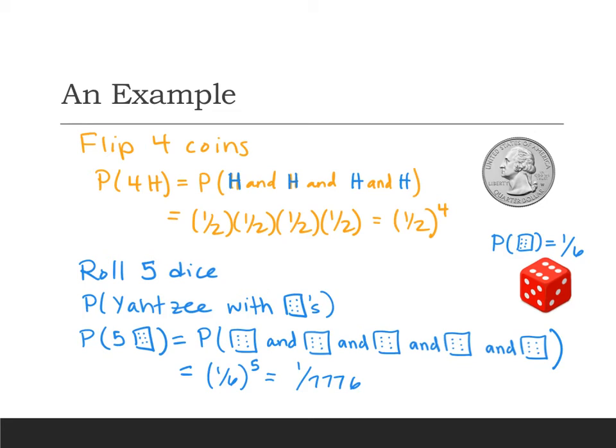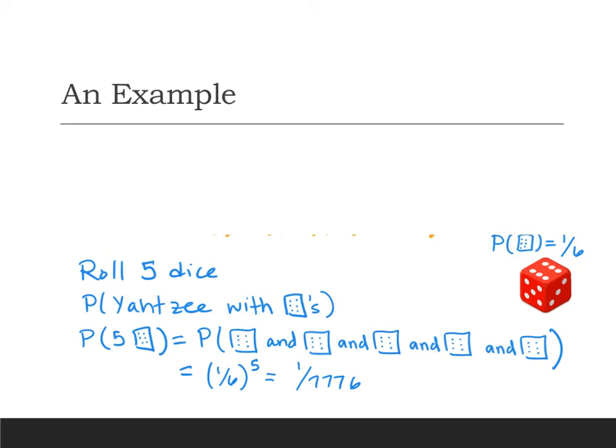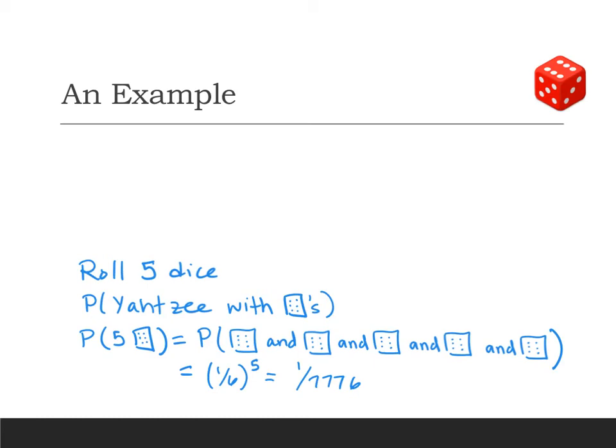So probability of getting a Yahtzee, interestingly enough, actually brings in what we learned in 5.2. So what I'm going to do is cover up what we did here, and move my die up there.